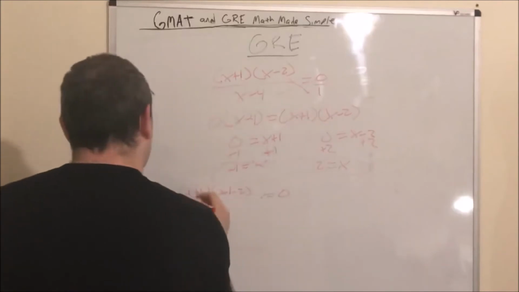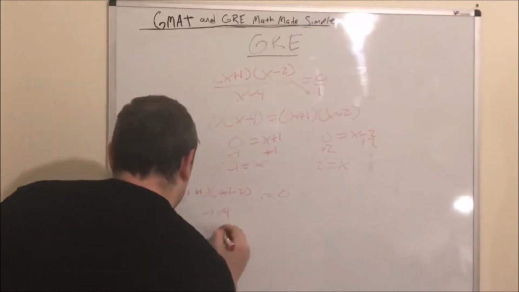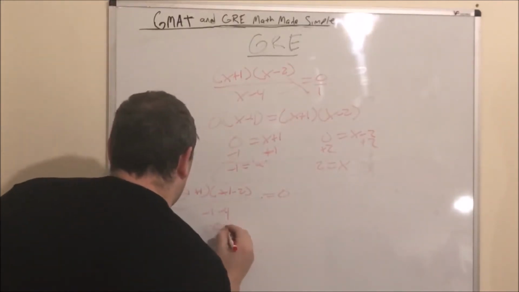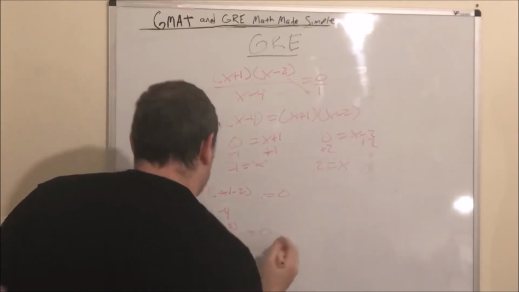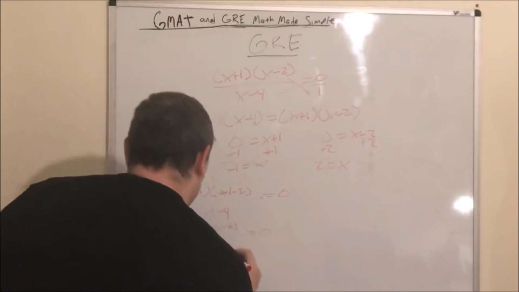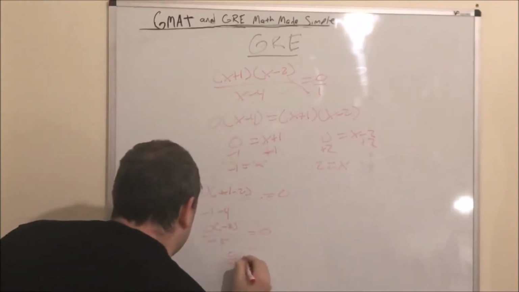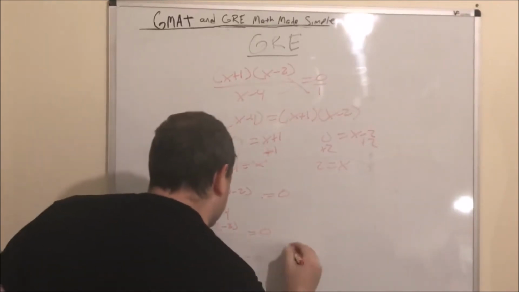When we do that, negative 1 plus 1 is 0 times negative 3 over negative 5 equals 0. So 0 times negative 3 is 0. So 0 over negative 5 equals 0. And of course 0 equals 0.